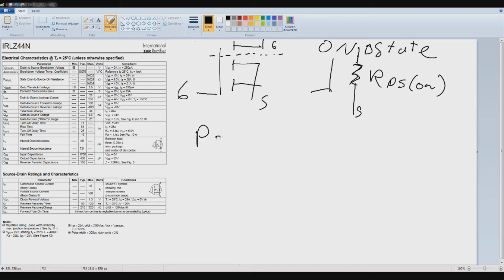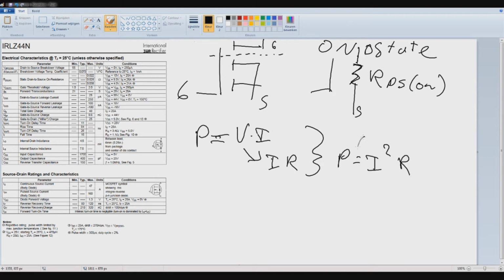Therefore, if you take a look at the equation for power dissipation for resistance, which is V times I, and due to Ohm's law, V is IR, therefore this whole becomes I squared R. As you can see, we have I squared and we have the R. So if it gets lower, there is less heat and the current can increase, therefore you can have more current flow, which is ideally what we want usually.